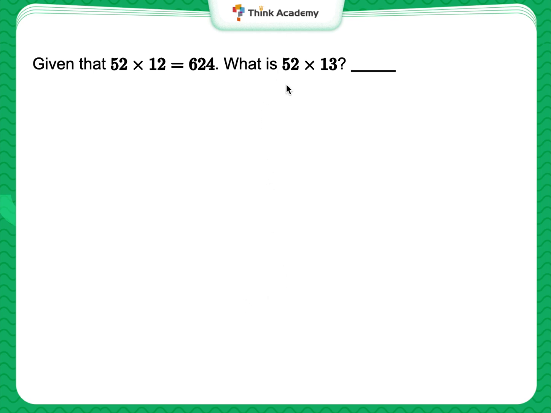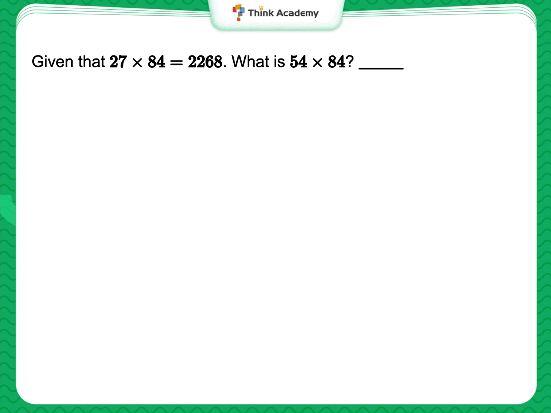Therefore, if I want to find 52 times 13 according to 52 times 12, I just need to add another 52 to the product of 52 times 12. And that's going to end up with 676 as the answer. All right, so that is the answer to this question.